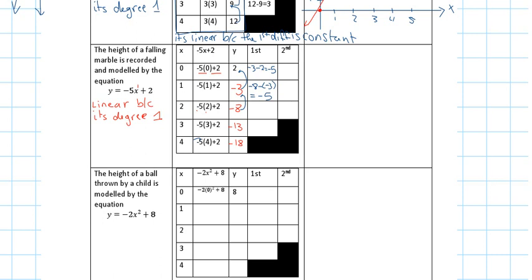What will be my next one? Negative 13 take away negative 8. So that's going to be negative 13 plus 8. So that's negative 5.